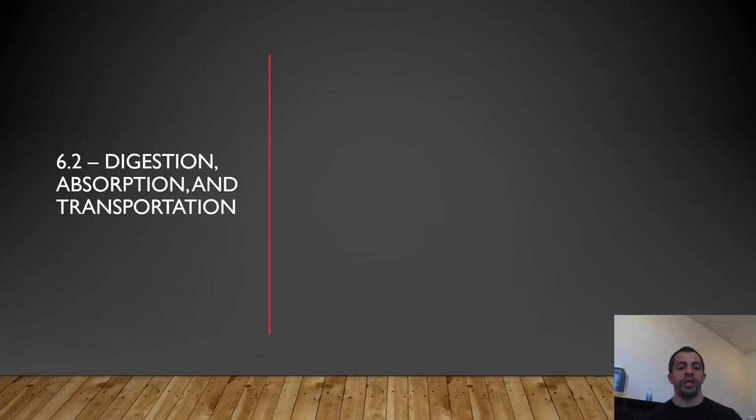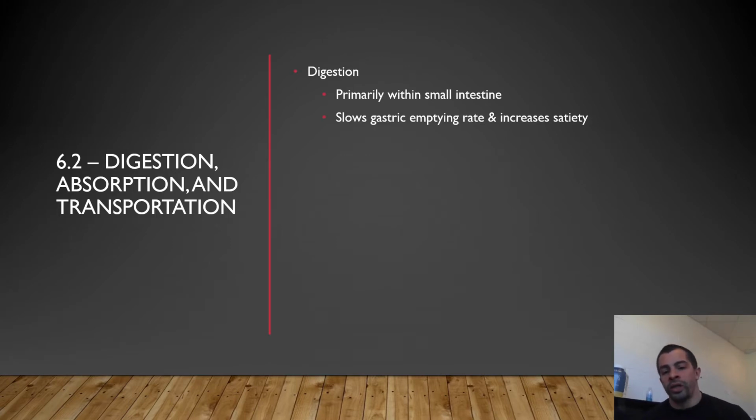All right, so digestion, absorption, and transportation. As far as digestion goes, similar to what we've talked about thus far, everything starts to be digested in the mouth, however, in the stomach, but the vast majority takes place within the small intestine. Something to note with regards to fats is fats typically slow gastric emptying and increase satiety.